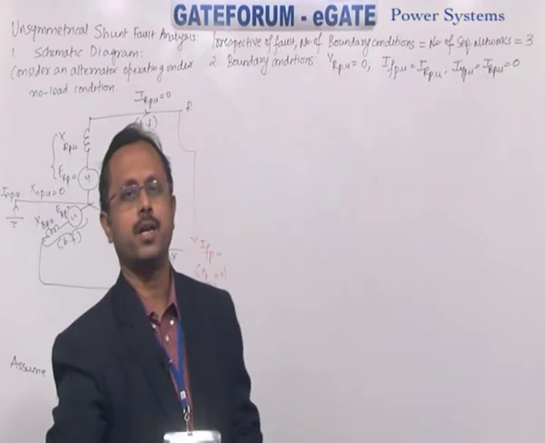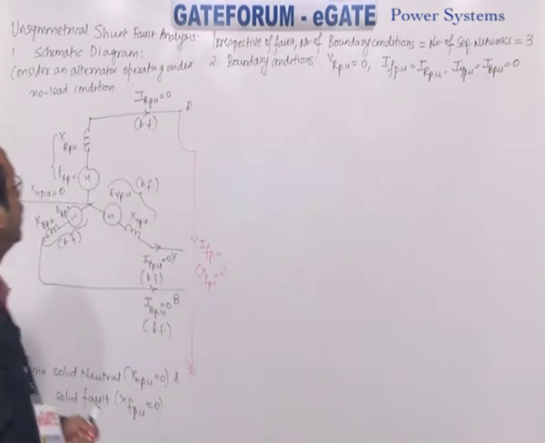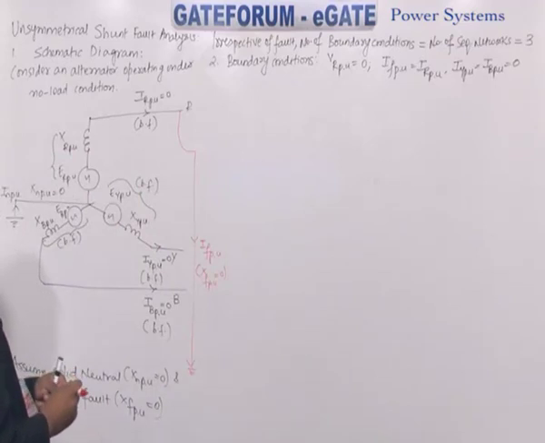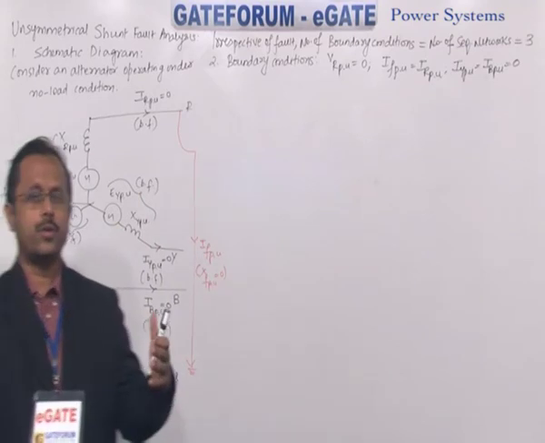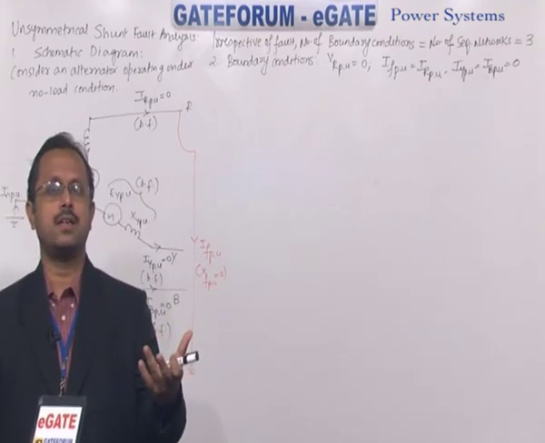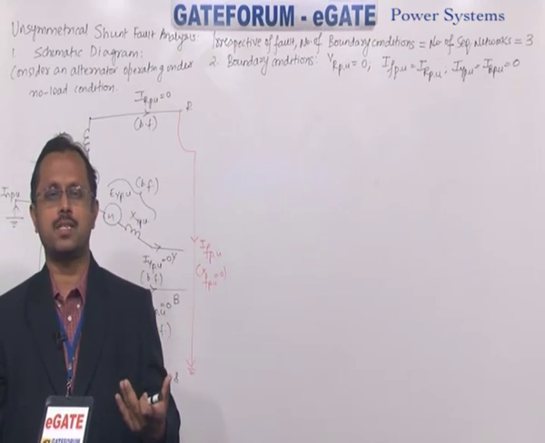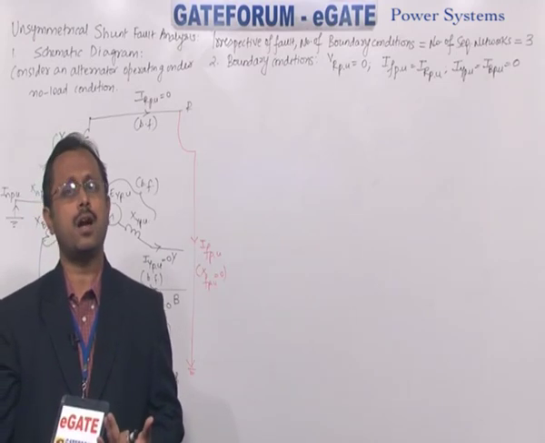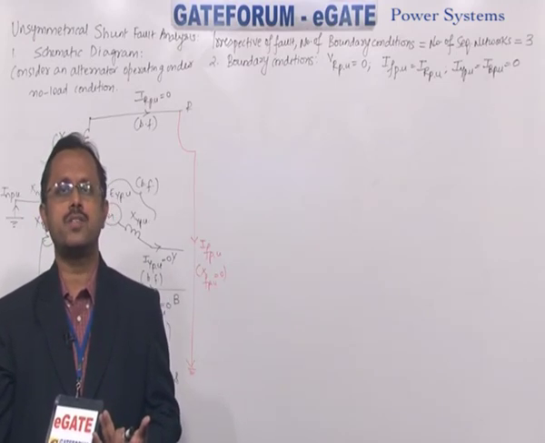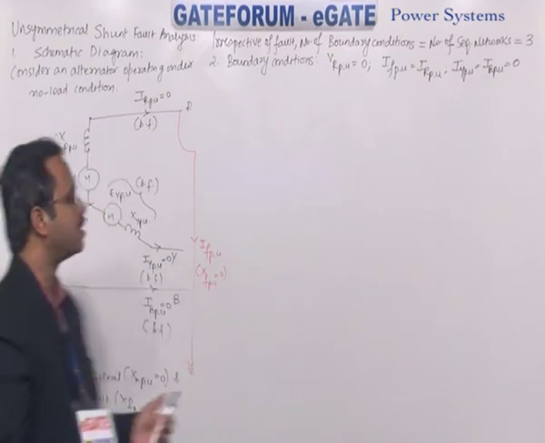And now an important point. Before the fault we represent ER, XR. Then how do you represent them during the fault? You know, when a fault occurs, the system becomes unbalanced. And how do we represent an unbalanced system? Using symmetrical components.